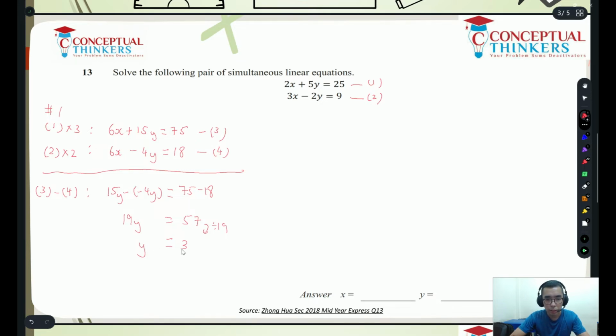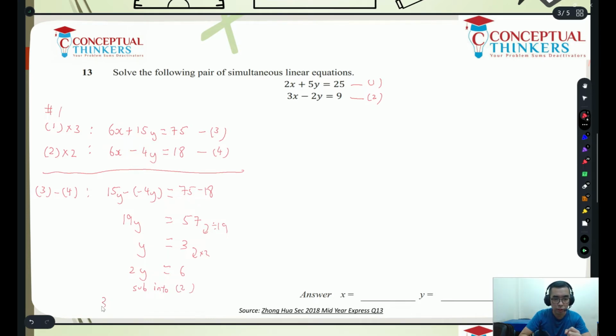Next, I need to find my x. To find my x, I will look at equation 2. Notice that the smallest coefficient here is 2, so I'm going to create a 2y. I'm going to multiply by 2 and I get 6. Then I substitute into equation 2.